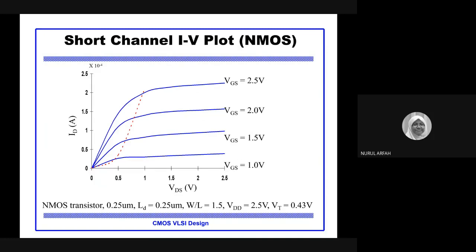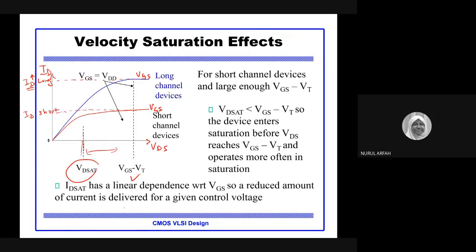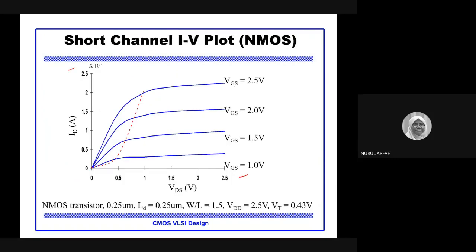Still for the short channel device, the IV plot for this NMOS is the drain current versus VGS. The drain current is linearly dependent on VGS. If you have 2.5 volts here, the ID will be much higher than if we reduce the VGS value.